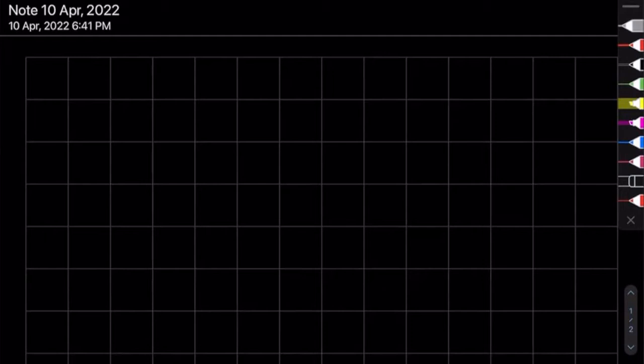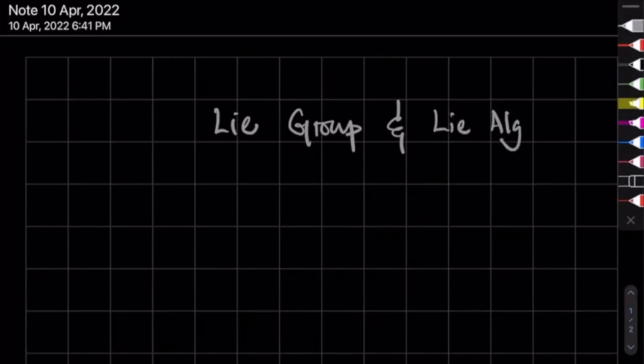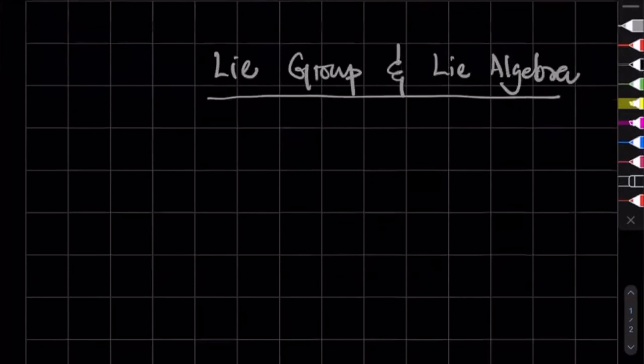So what is the connection between, say, a Lie group and Lie algebra, right? So a Lie group is a manifold, right?